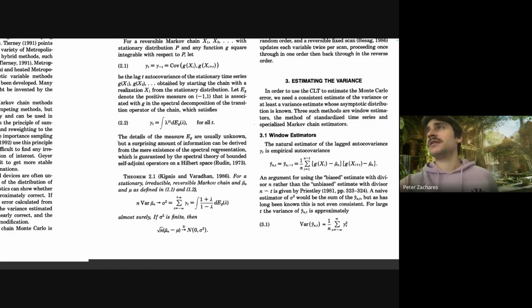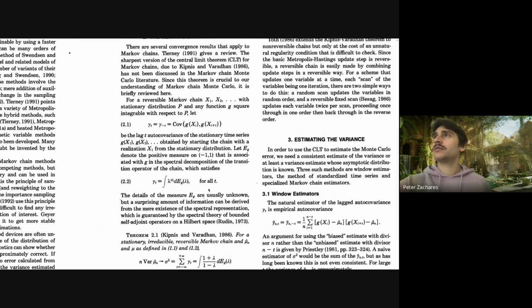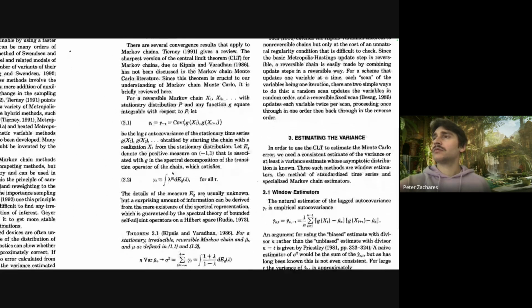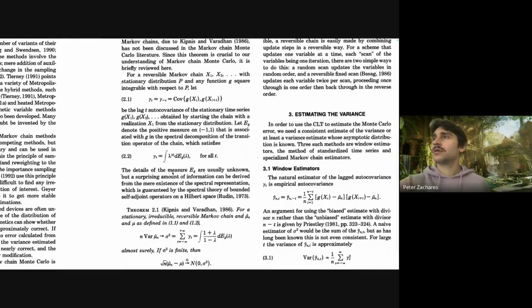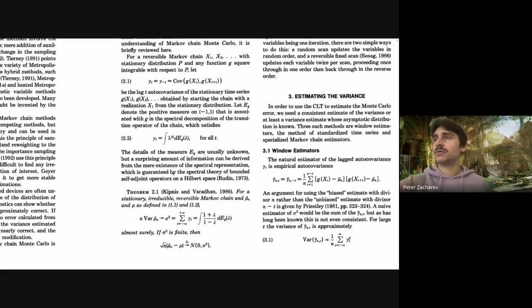So I think the assumptions are, it says it somewhere over here, that you have to already have converged to your stationary distribution, and also you have to be well mixed.